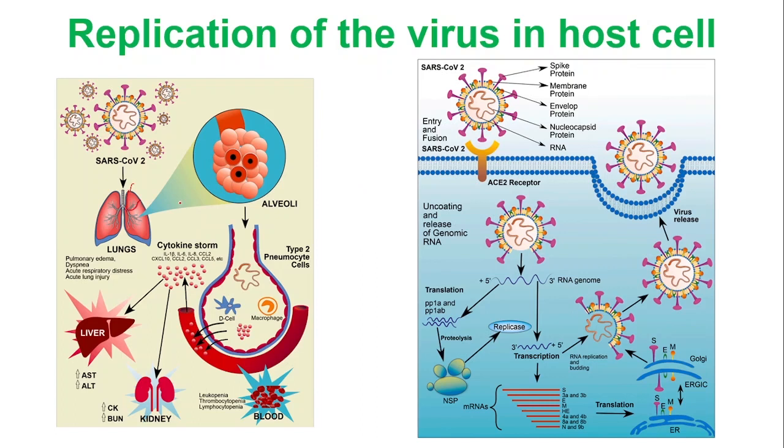The lungs have several alveoli. Suppose this is one cell and this is the membrane, and on the membrane there is a receptor protein called S2. The coronavirus binds to the S2 receptor and enters the cell.